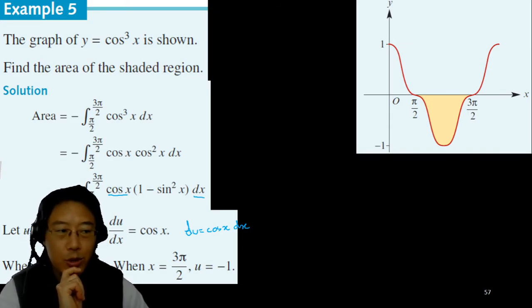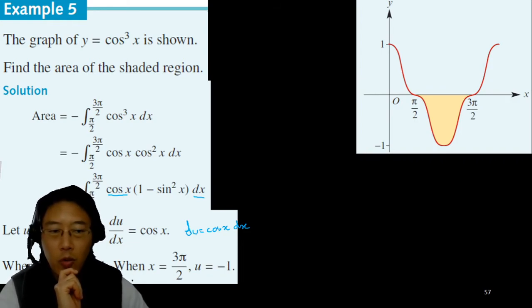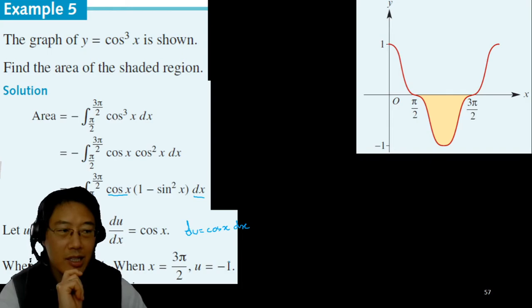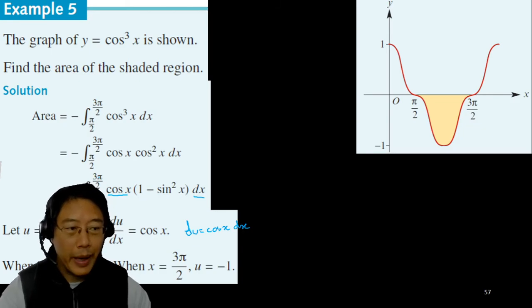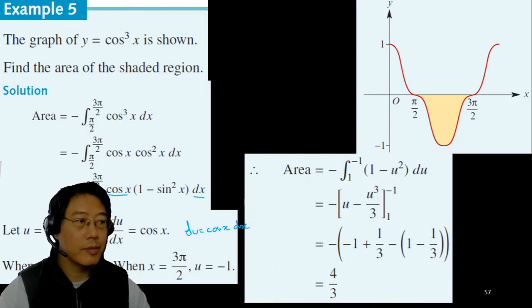If you substitute, sine of pi on 2 will give me u equals 1, and when you substitute x by 3 pi on 2, because it's sine, that will give you negative 1. So when you substitute and you only have u left, the boundaries here will change.